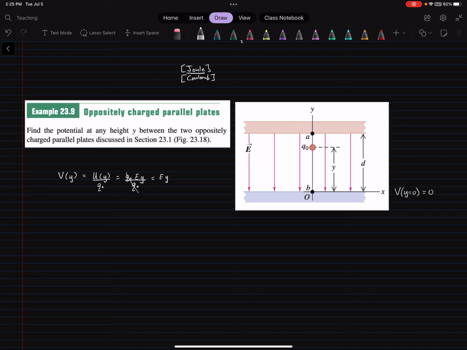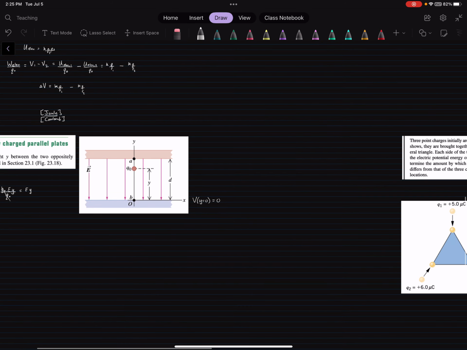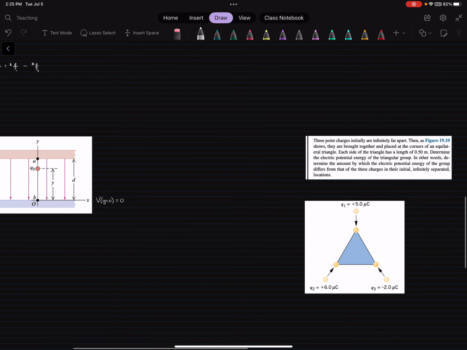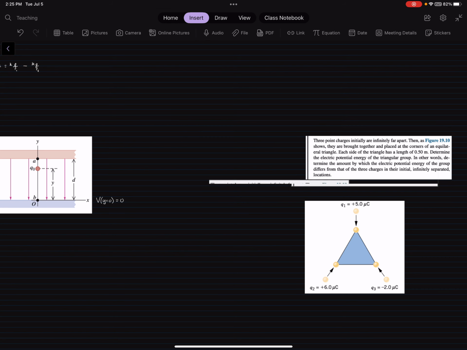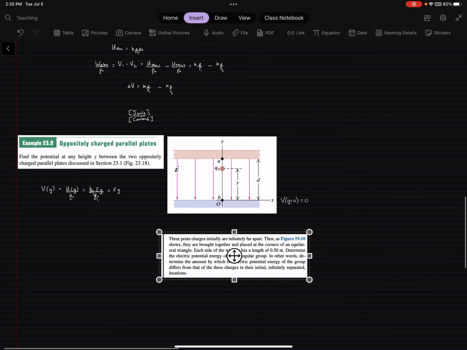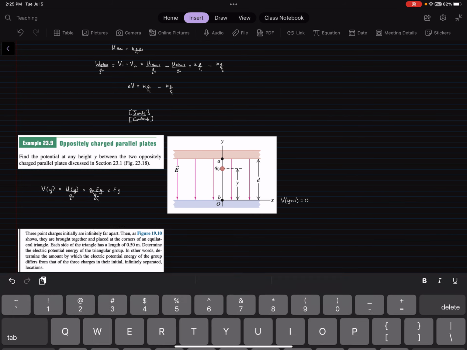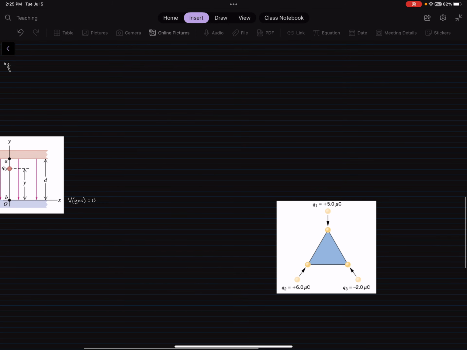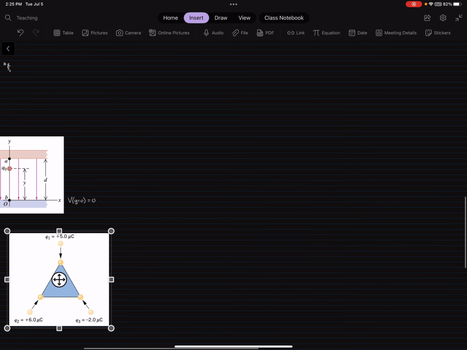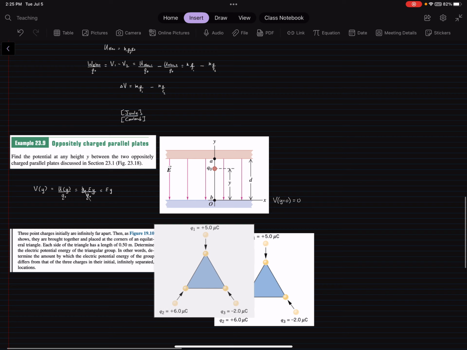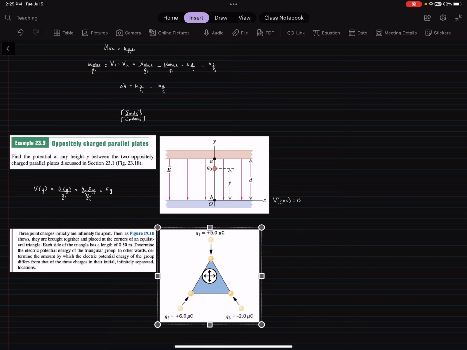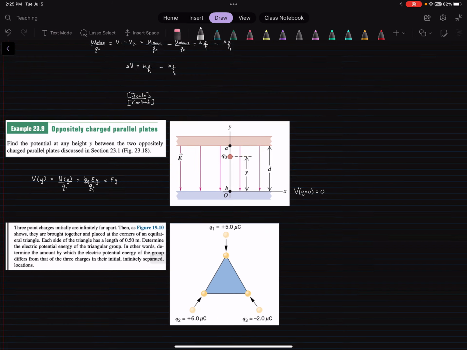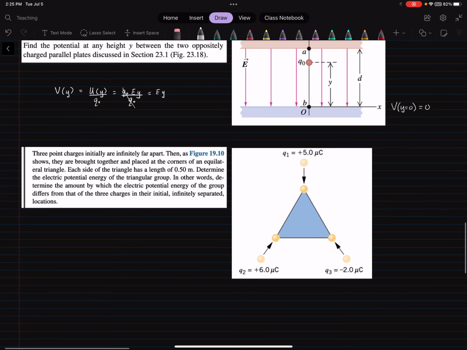Now let's do a little bit of a more involved one. Here we don't just have one unit charge. We have 3 charges that are not unit charges, 3 actual charges, so to speak. So 3 point charges.